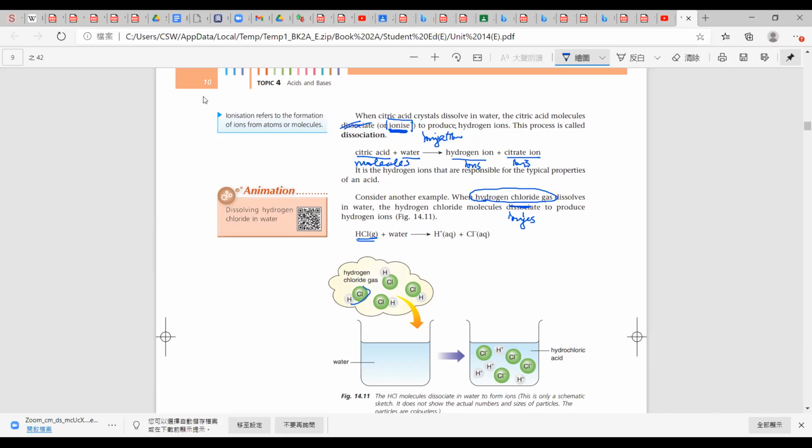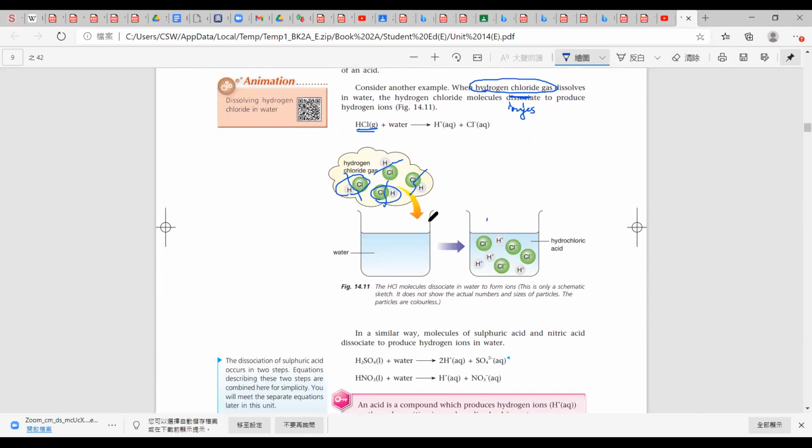We have hydrogen chloride here. If I put it in water, it will separate, but not equally; the charge will not be equal. The negative charge will go to the chlorine atom to form chloride ion. So you find that we have hydrogen ion and chloride ion inside hydrochloric acid. Similarly for citric acid, we release hydrogen ion and citrate ion.